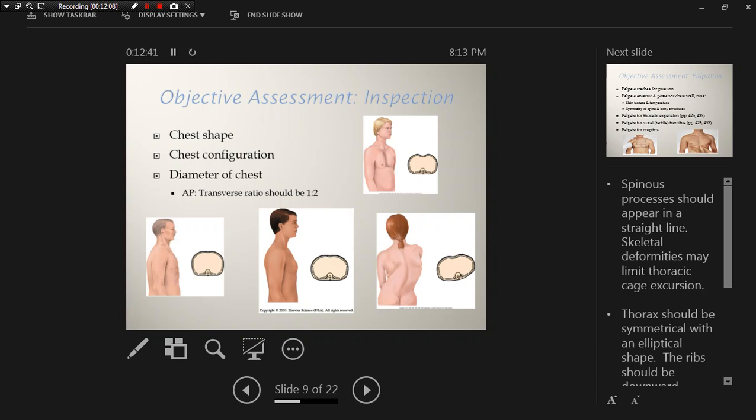If it's a 1 to 1, that's considered kind of a barrel chest. If you're looking at these patients from the front and then at the side, and it looks about the same, these patients have increased AP diameter, they've got a barrel chest. And we again think of patients with emphysema, COPD, associated with overinflated, hyperinflated lungs.